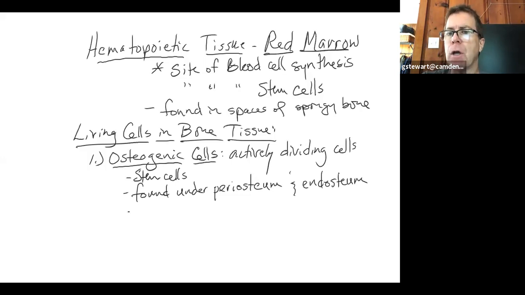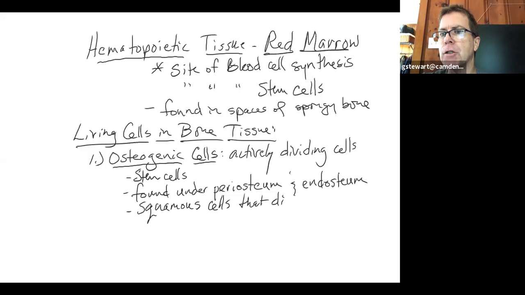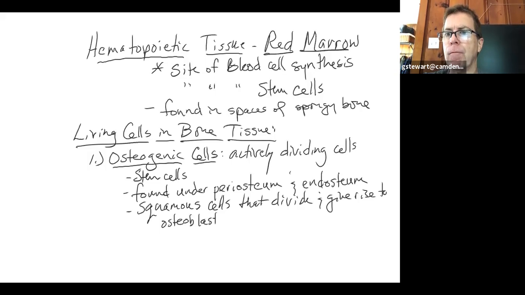And here's what's going on. They are really squamous cells. That just means flat. The stem cells are squamous cells that divide, and they give rise to immature bone cells called osteoblasts. I'm going to list osteoblasts as a different type of cell.